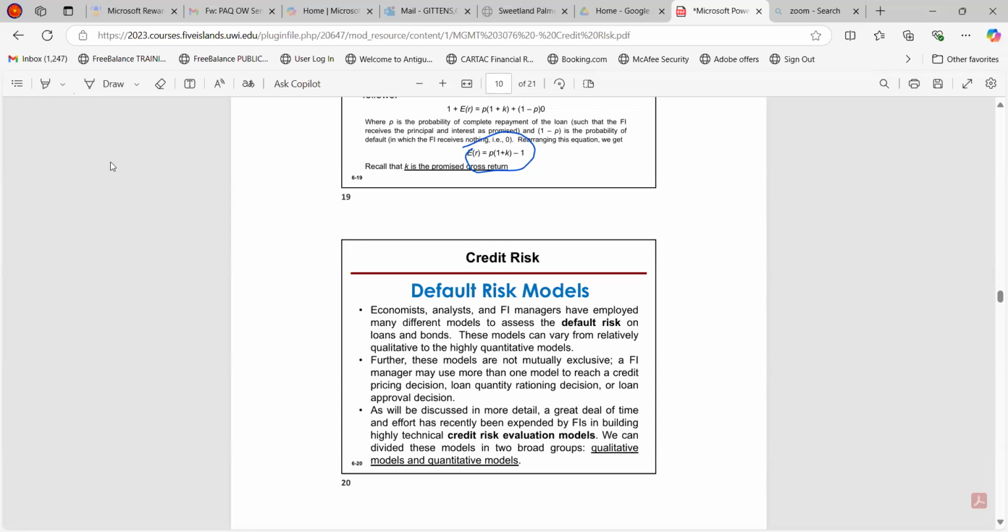Financial institutions assess default risk using different types of models. There are a few quantitative ones, and then they have the qualitative ones. The financial institution can use a combination of both to come up with a decision on how they're going to price the loan.